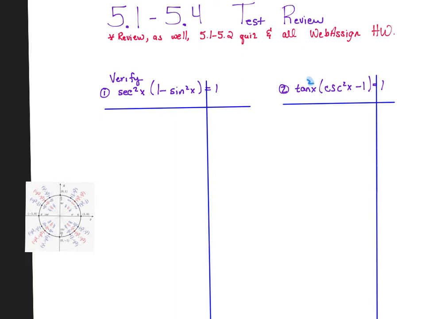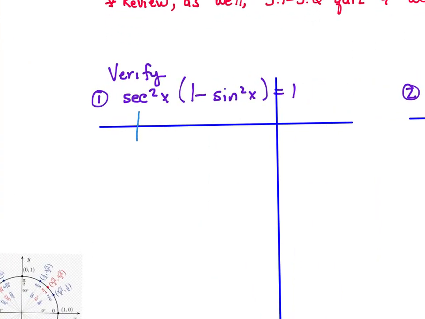So the first thing we're going to do is look at our Pythagorean identities. I'm going to leave secant squared for the first part because remember, we want to make things smaller. Or if you wanted to rewrite it to 1 over cosine squared, feel free to do that. Now, when I look at 1 minus sine squared, we go back to that Pythagorean identity of sine squared x plus cosine squared x equals 1.